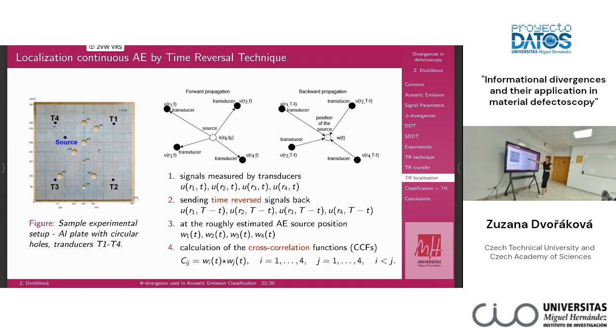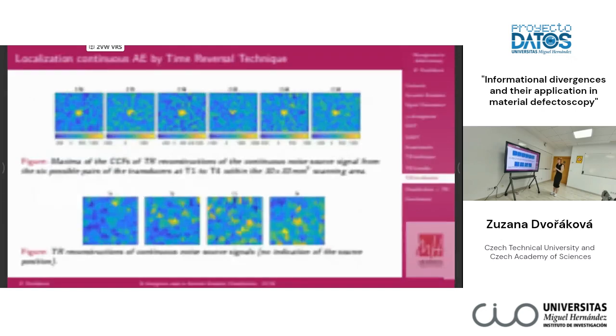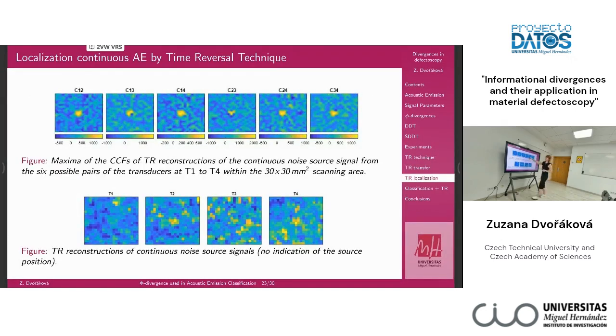We have a source, some continuous source, we measure the signals, we send back these signals to the roughly estimated position of the acoustic emission source, and then we have to calculate the cross-correlation function between obtained signals. And after the cross-correlation, we can see that it works. We obtain the localization of the acoustic emission, and it's clearly localized.